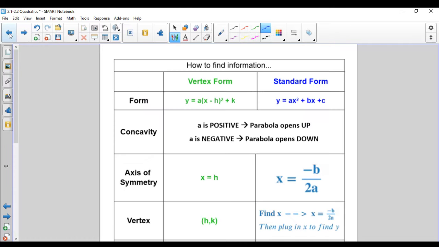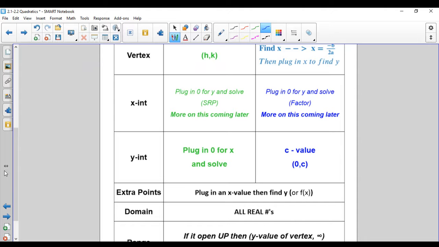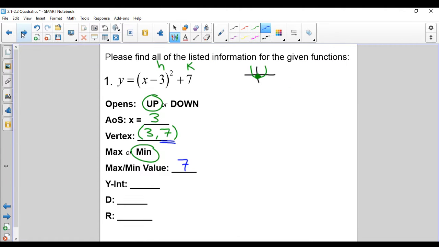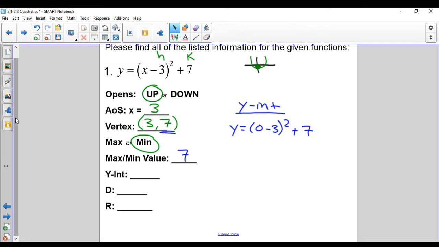Y-intercept. Look back at our table. We're in vertex form, so for the green here, we plug in 0 for x and solve. So the y-intercept, kind of parsing out the work here: plug in 0 for x, and then solve. 0 minus 3 is -3. -3 squared is 9.